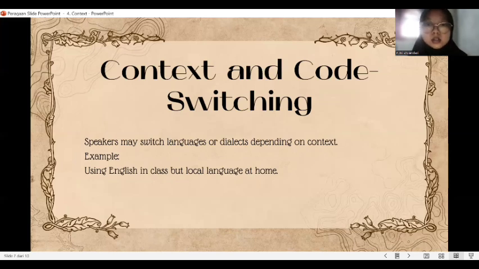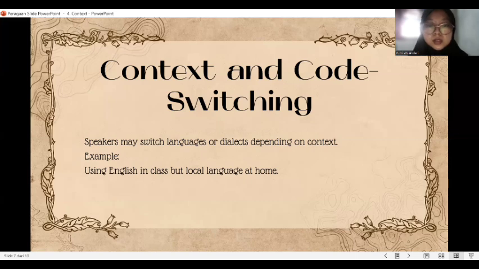Context and code switching. Code switching is when speakers shift between different languages, dialects, or speech varieties depending on the context. For example, a bilingual person using English in class but bahasa Indonesia at home.